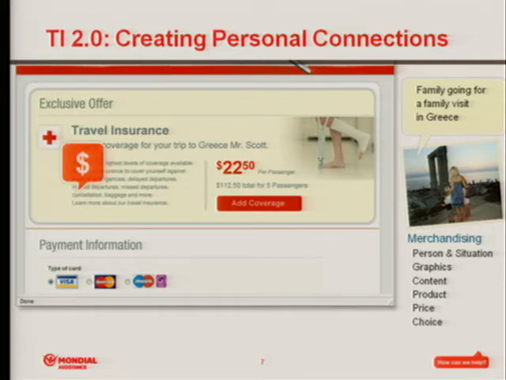We know all that information. We can take that, and we also have other information that we can infer from that. How far in advance did they plan the trip? So we can take all that information and we can understand the person and we can understand the situation that they're facing, and we can respond to them with a travel insurance offer that's very relevant.